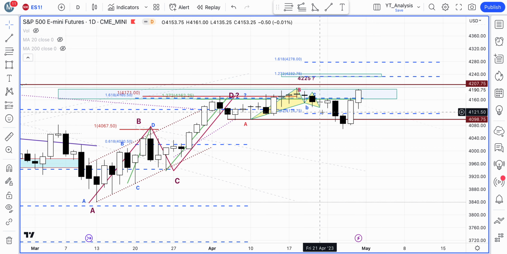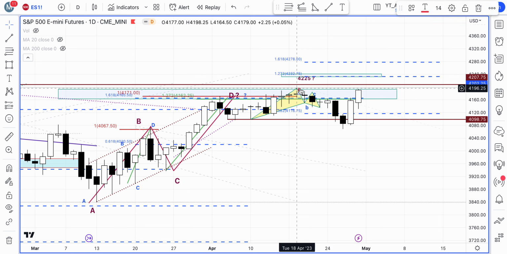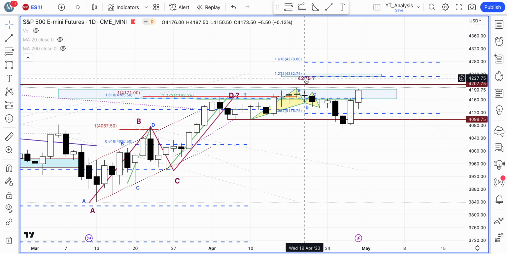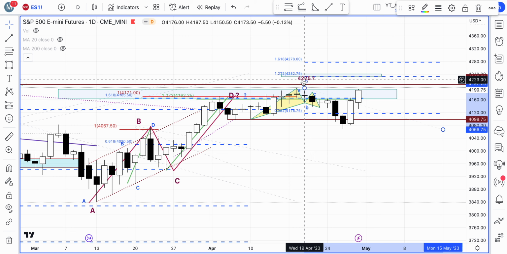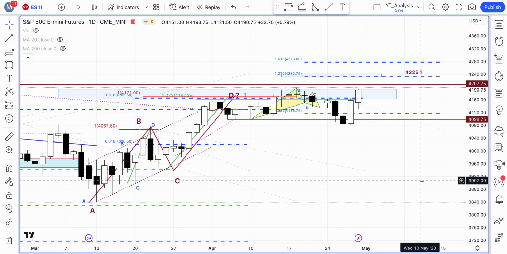This is what we are watching for in the next week. Next week is a special week in terms of the data. There are so many data numbers coming, starting from Monday. I believe the ISM comes out early in the week.